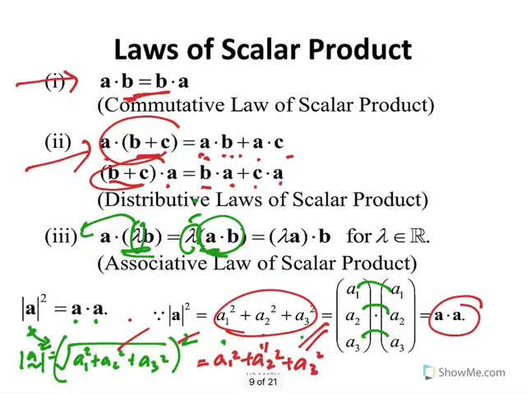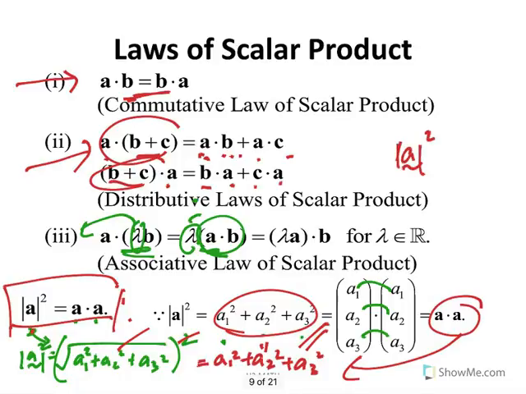That's how we get the conclusion that the square of the magnitude is the same as the scalar product of a vector upon itself. Okay, that's done for scalar product.